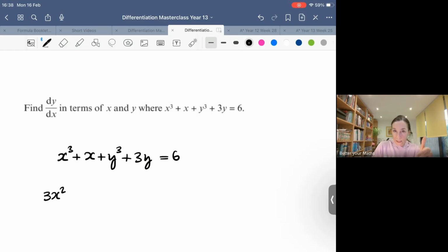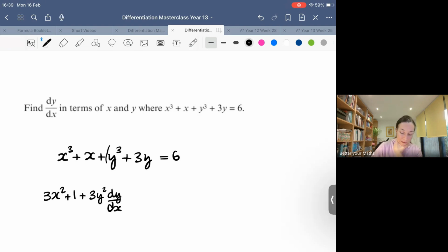When we differentiate x, we have 1. When we differentiate y cubed, because we are differentiating with respect to x, what we are going to do is use the chain rule. We differentiate the y, and then we add dy by dx. So we differentiate this with respect to y, which is 3y squared, and then we multiply by dy by dx.